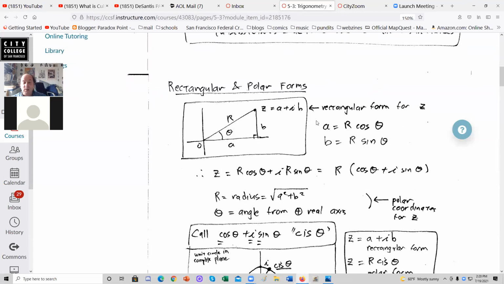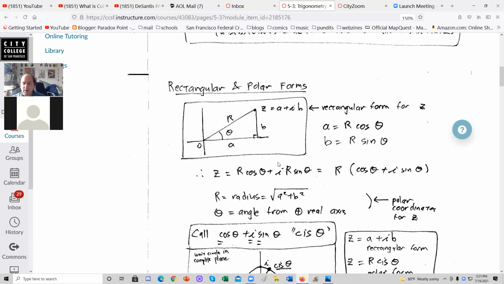Now, okay, since we've been talking about rectangular and polar forms, it applies to complex numbers as well. If you have a complex number a plus ib, over a and up b, it's also at distance r and an angle theta from the positive real axis. So, okay, we'll say that a is r cos theta, b is r sine theta. So you put it together, z equals r cos theta plus i times r sine theta.